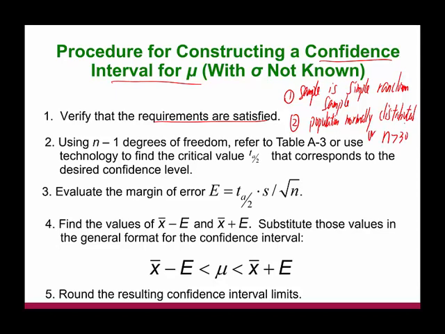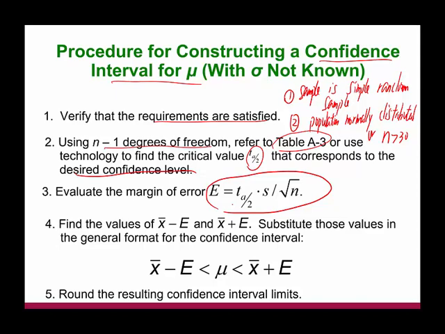Now use n-1 as the degree of freedom, refer to table A3, and the alpha is always given once you know the confidence level, and find the critical t-score that corresponds to the desired confidence level. Evaluate the margin error using the formula: margin error equals critical t-score times sample standard deviation over square root of sample size.